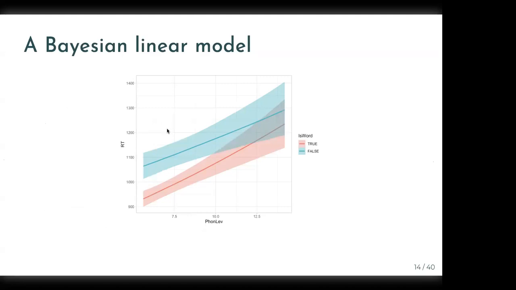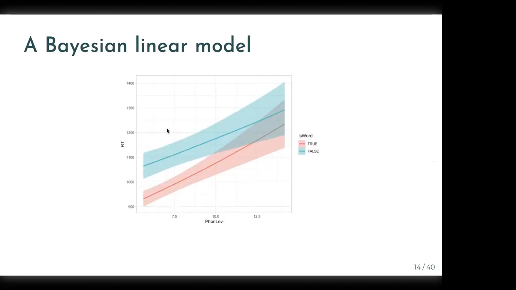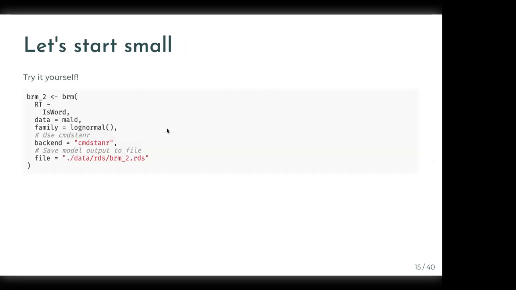And this is the plot of the model, quite similar to what we saw before, but this time we also included a random slope, 2 random slopes actually, for is word and Levenshtein distance. And the model, as you can see, sorry, I didn't mention it, the model ran fine, it converged, and I could check the results and plot them as well. So no problem whatsoever when you run a Bayesian linear model.